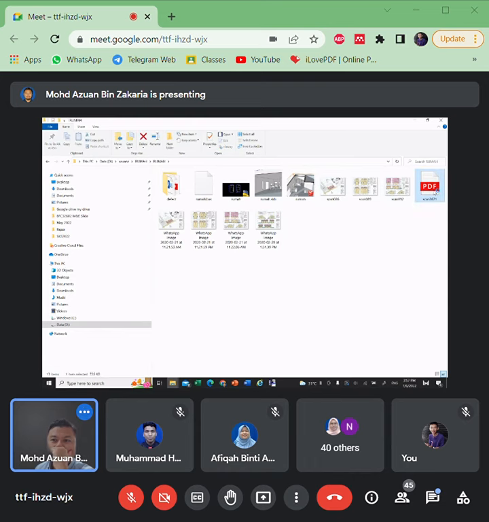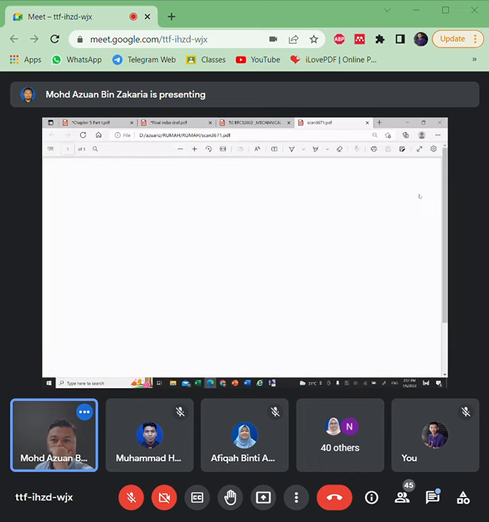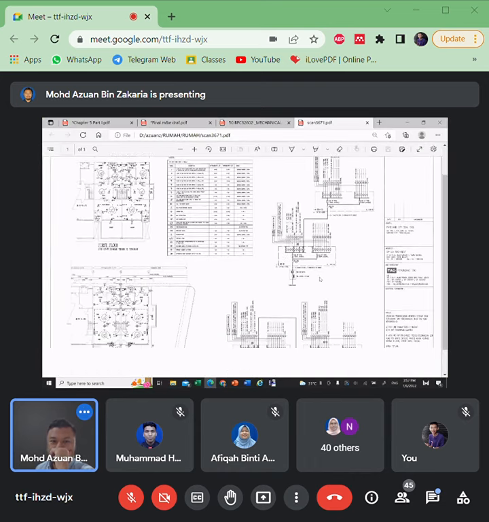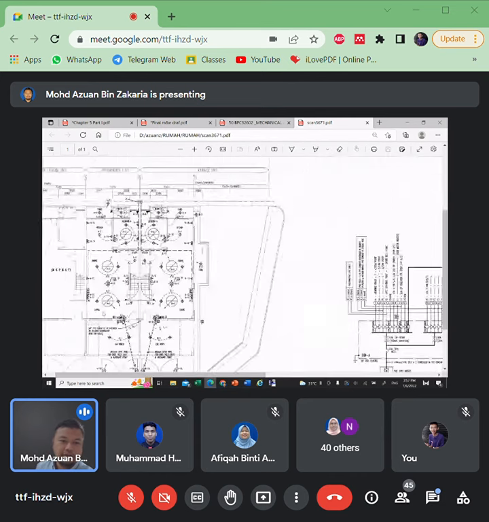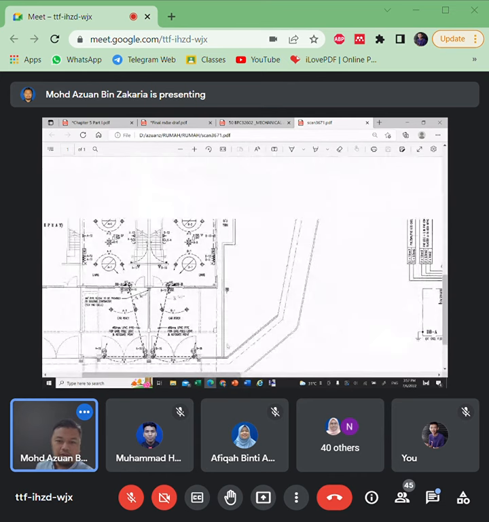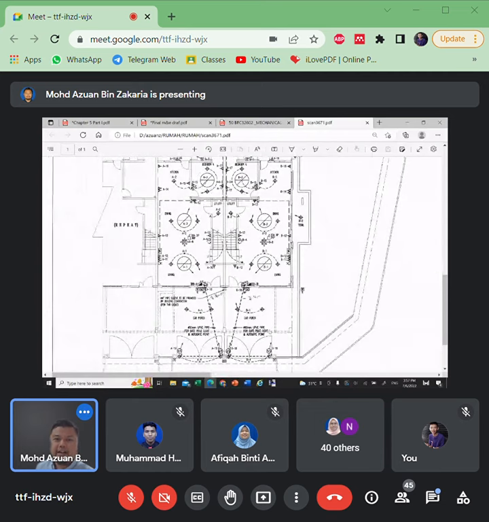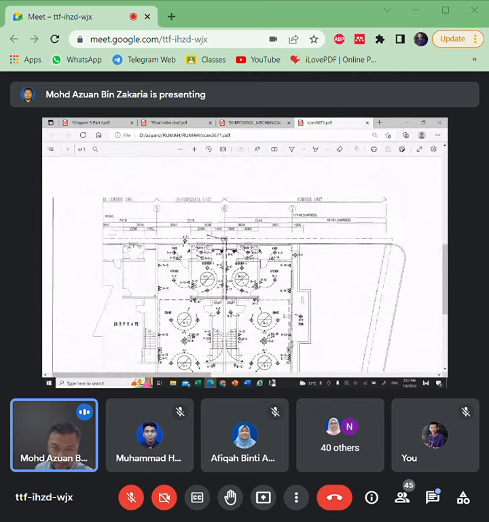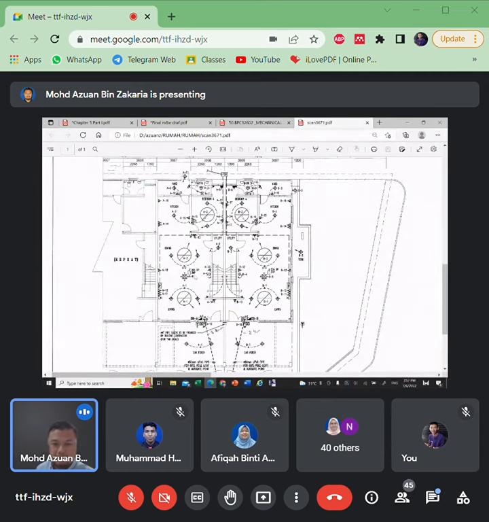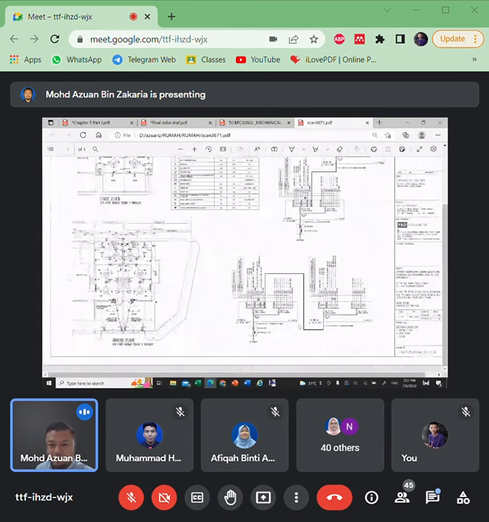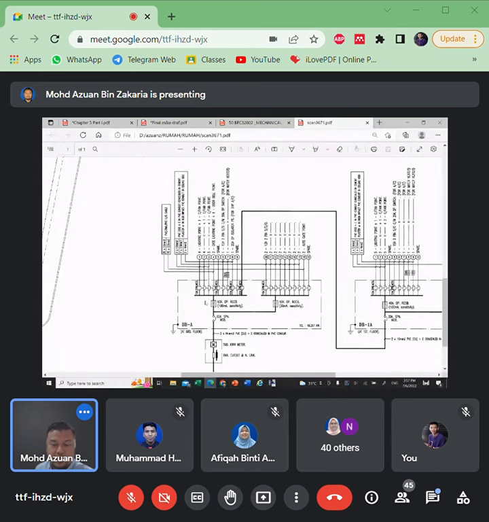This one. Okay, something like this. So what do electrical drawings look like? It has a plan, it has symbols, it has some information on the fuse, the distribution of the circuit.